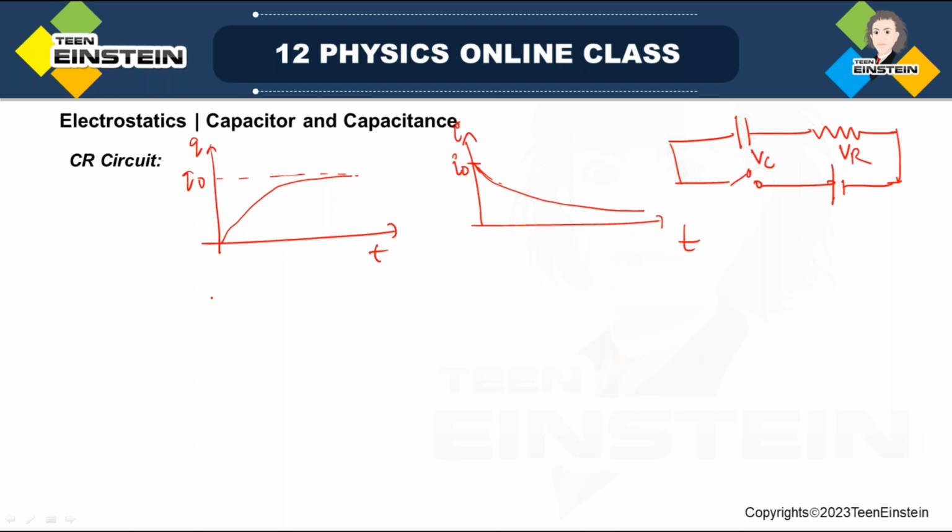We know VR is equal to I into R. How does I vary? I varies as I0 e to the power minus T by CR, into R. So this will be V0 e to the power minus T by CR. That means initially the voltage across the resistor will be large.